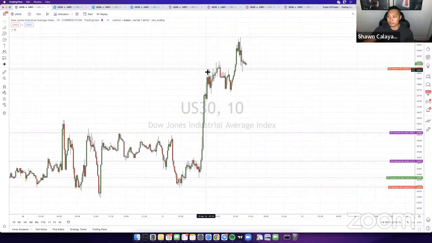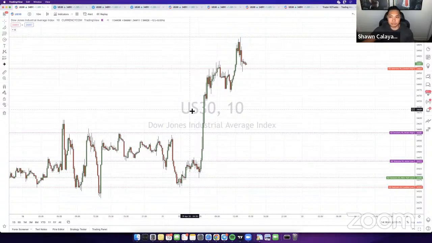Basically, what this indicator does is it identifies where the previous session high lows are. So for example, right here, the New York high is this green line right here. The other green line is going to be the New York low. So from the previous day, this is going to be the New York high, and this is going to be the New York low.